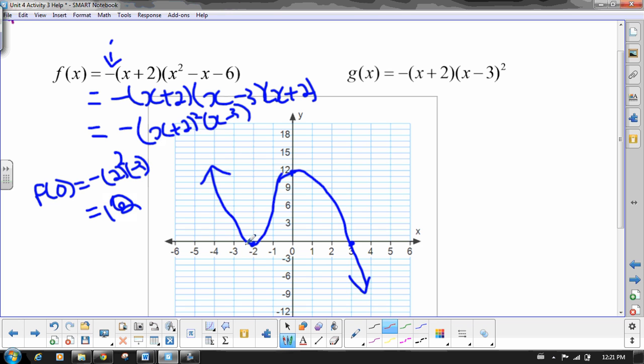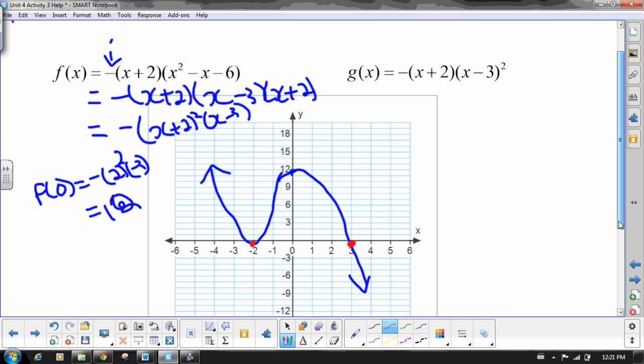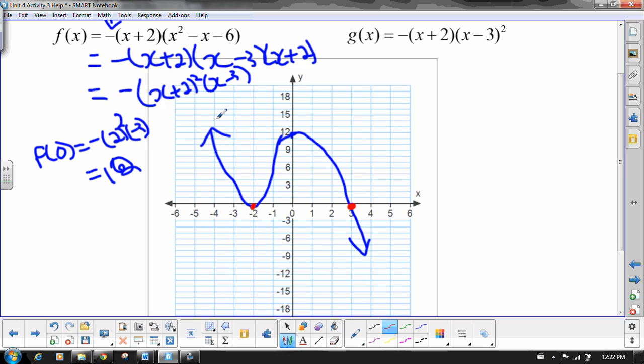All right, now the other graph. Also negative, also has a 0 at -2, also has a 0 at this value. So the same kind of graph is going to be happening. It's going to have almost the same general shape. The y-intercept here is going to be -18.